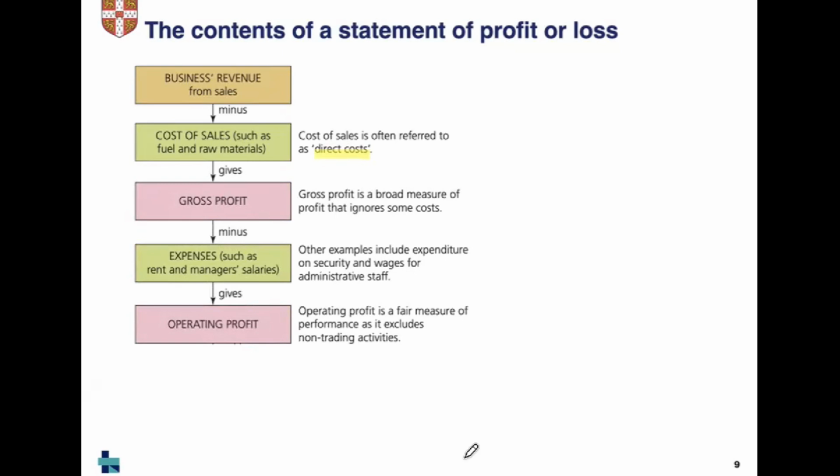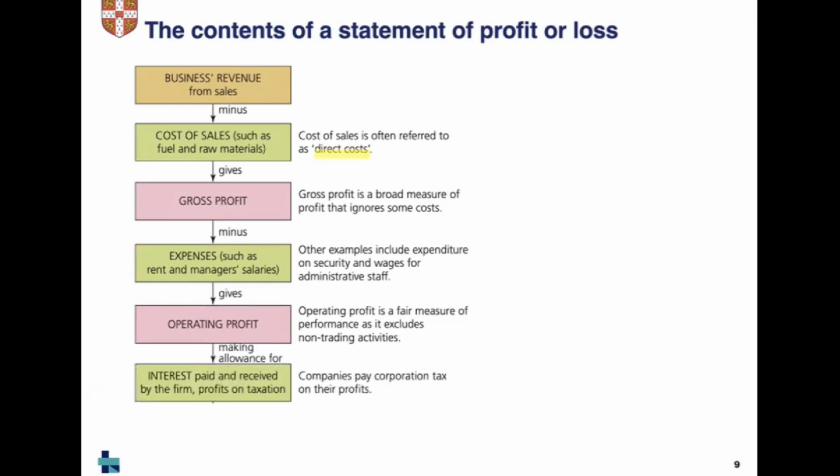Because we have deducted all the expenses associated with operating our business. All the other expenses and all the other revenues that are not associated with our main business are not deducted or added here. That's the next stage.